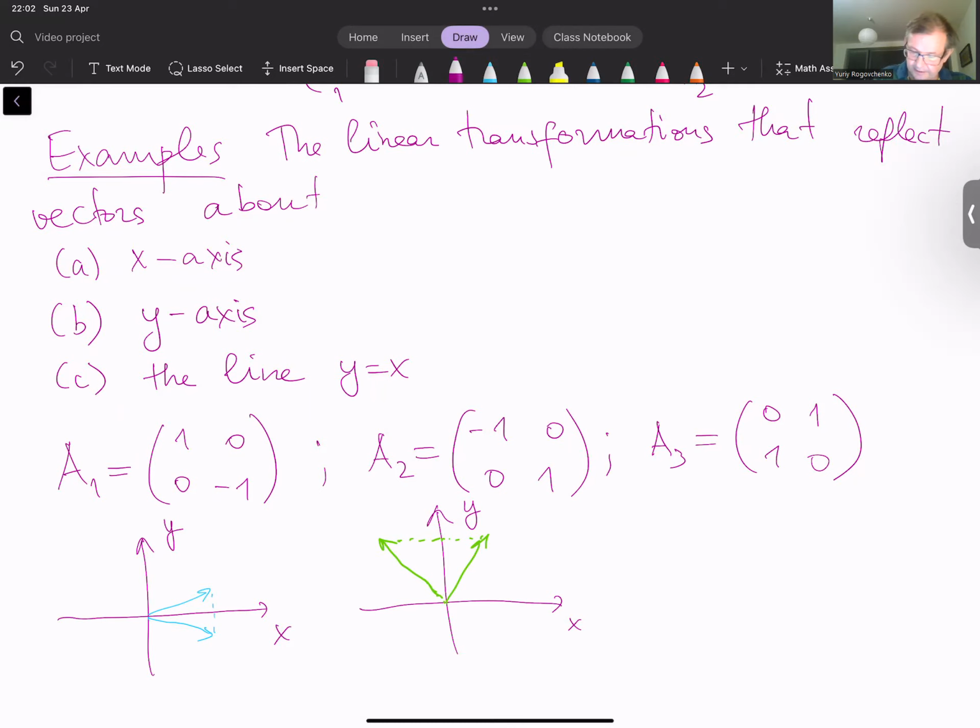And finally, if we talk about the third example, then we need to consider the line y equals x, which is the bisector of the first quadrant. And then our vector will be reflected about this line. We drop the perpendicular onto the line, and then we have the reflection.